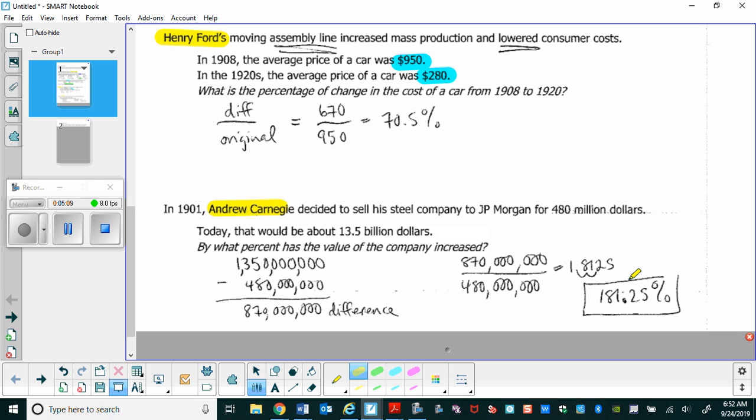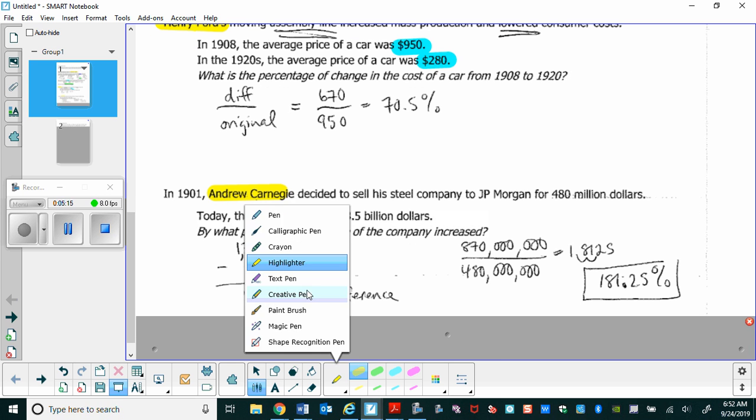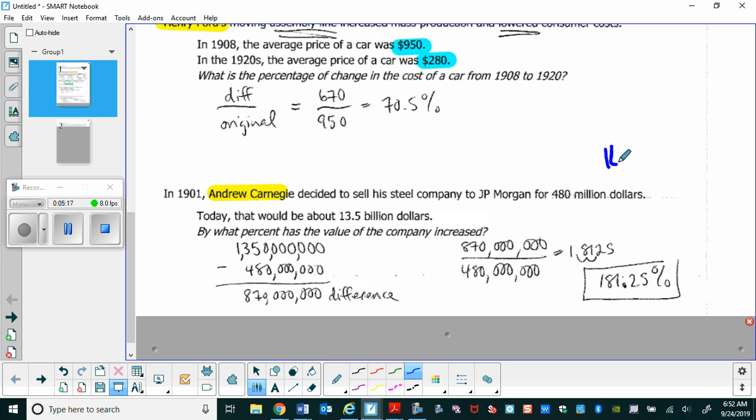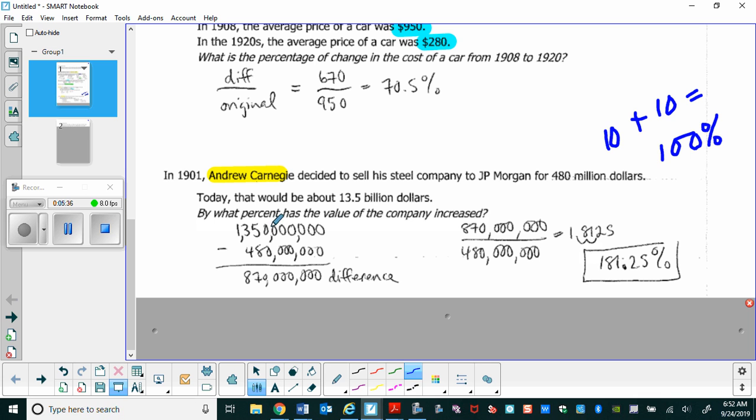Let me write this down in case you need to see this visual. If you have a value of 10 and you increase 100% of yourself, you've increased another 10. So when you're doubling, you're increasing by 100%. This did more than double in its value. All right.